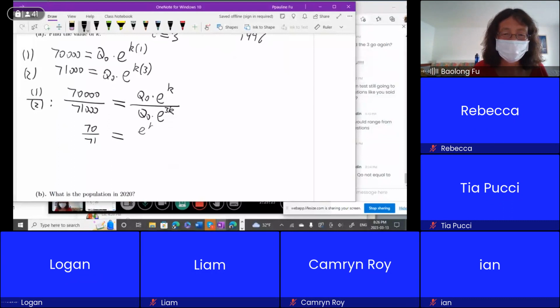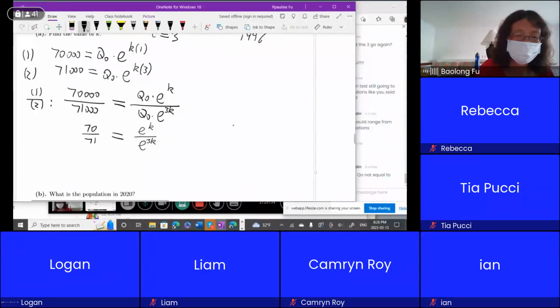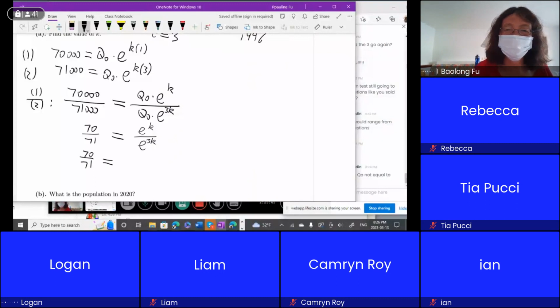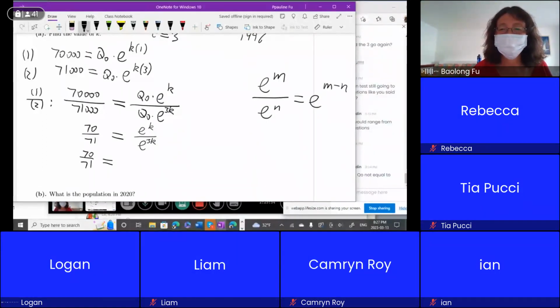You got E^K over E^(3K). Remember when you have E^M over E^N, it is equal to E^(M minus N), and it is the same as 1 over E^(N minus M).